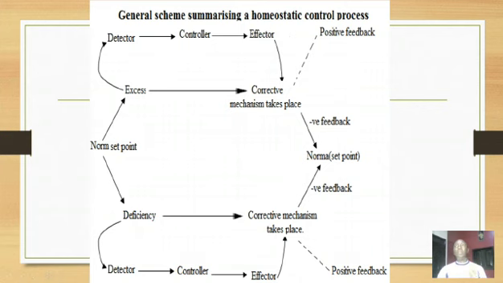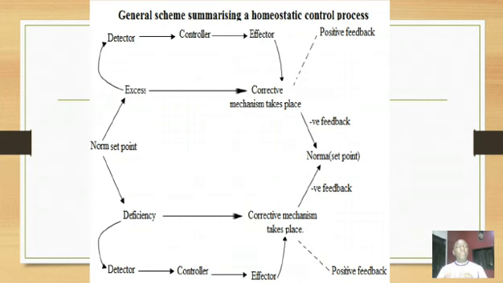If carbon dioxide levels increase beyond the norm, they are in excess. A temperature of the body or blood going above the normal is excess, higher than the norm. Therefore, whenever the concentration of a factor increases beyond the norm, it is in excess.